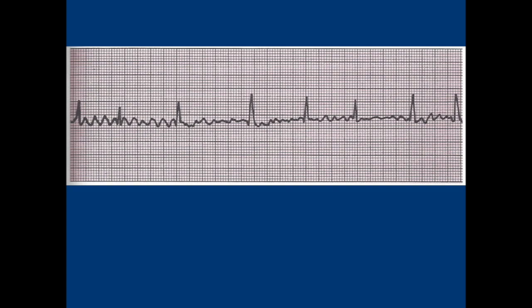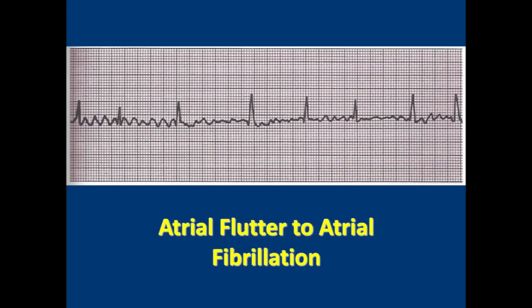You can see that there's some tall peaked P waves on the left. That's probably going to be atrial flutter, and then it converts to atrial fibrillation. Now, something I didn't mention before is the QRS, or the ventricle, has its own native rhythm. So it will beat even without any signal from up above, from the sinus node or any of the conduction.